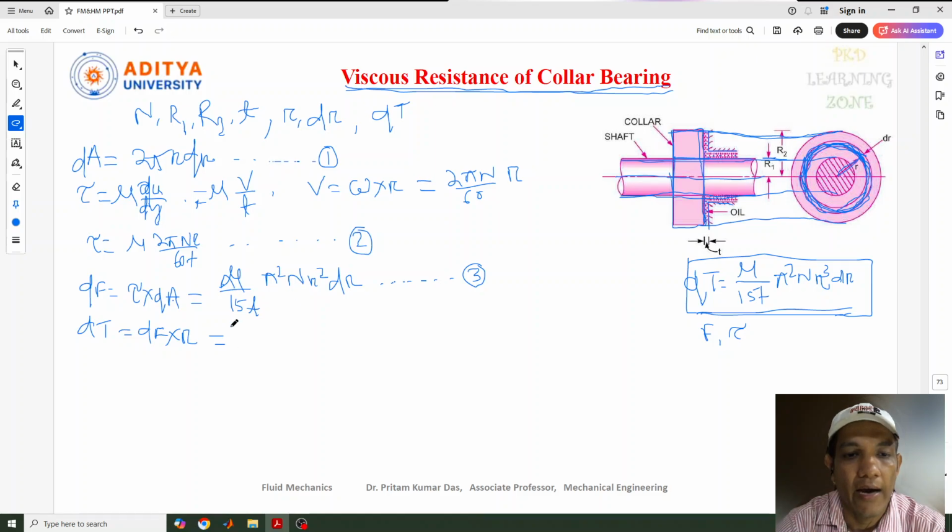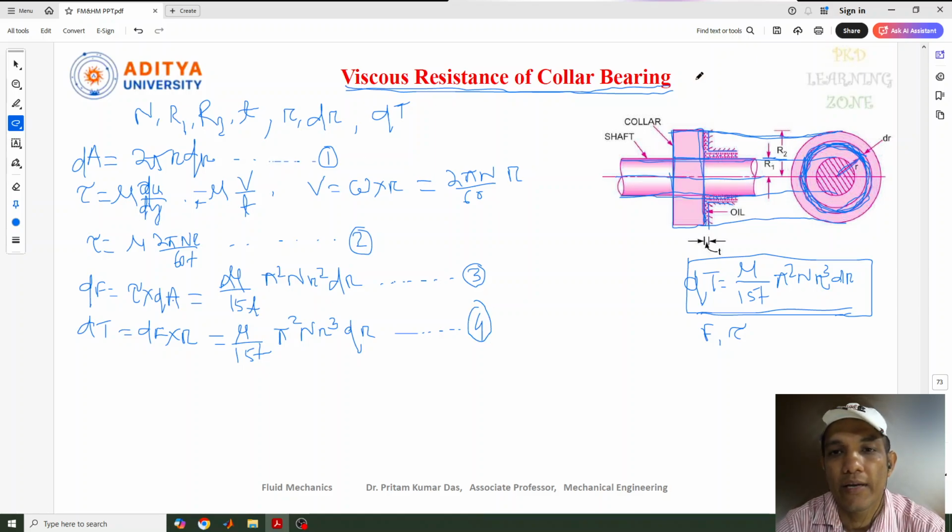Just multiply r into that, so that is mu by 15t pi square N r cube dr. If you see the equation I have written here, dT equal to mu by 15t pi square N r cube dr, the same equation I got here. So up to this it is similar for both the footstep bearing and the collar bearing.